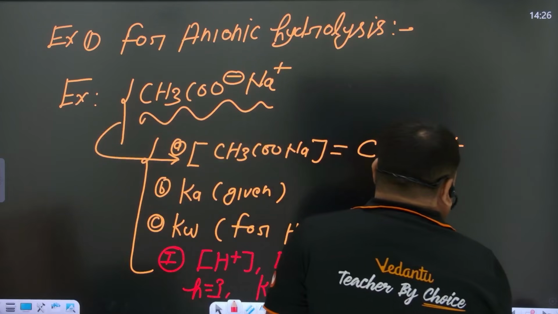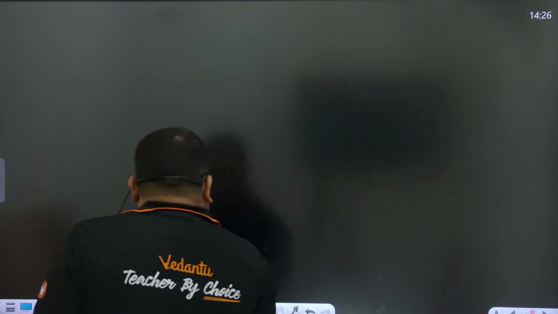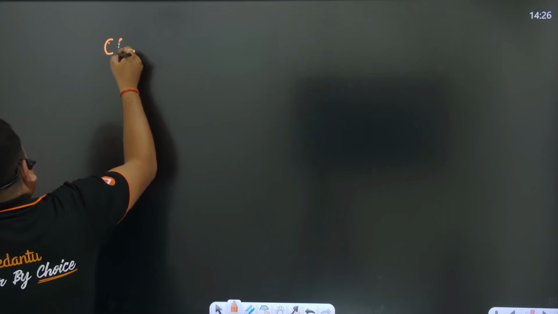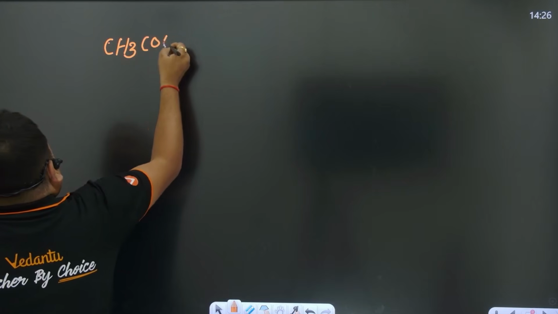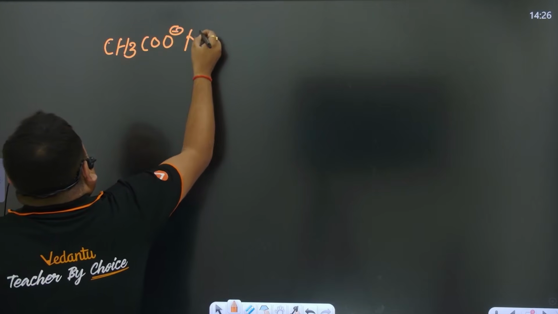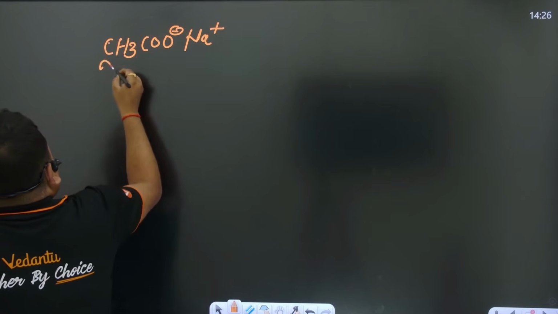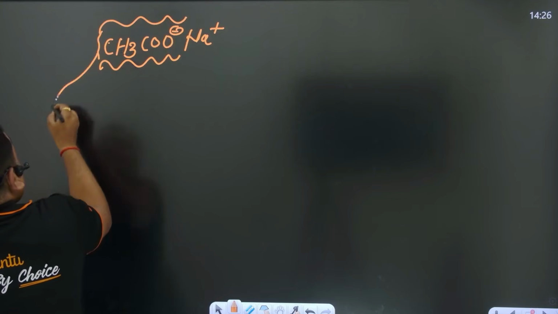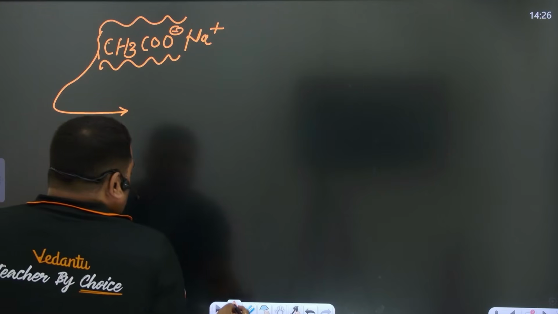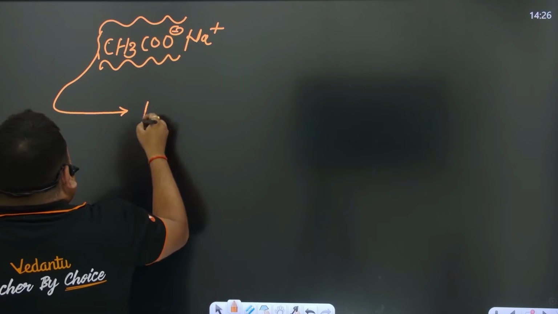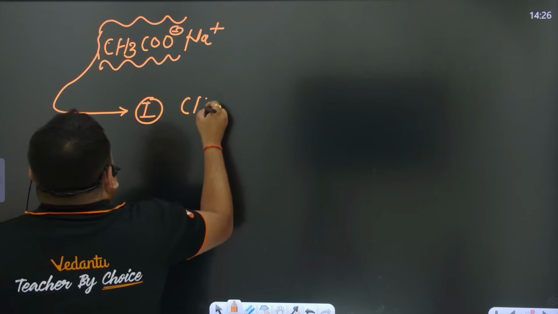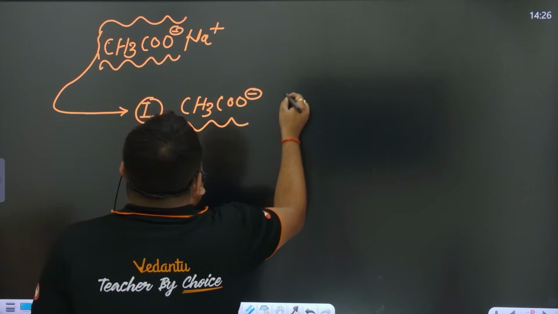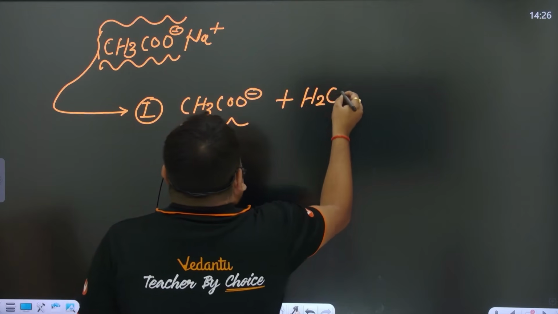Now, how to proceed? Here we are taking CH3COO minus and Na plus, and we know in this anionic part hydrolysis is taking place. So we take out only this anionic part, right? And we have to react this anionic part with water because we want to do the hydrolysis.